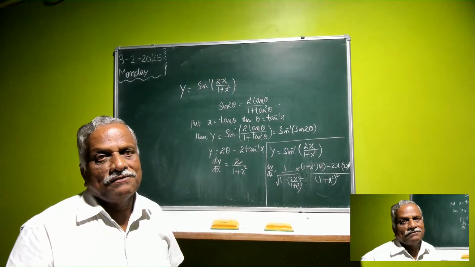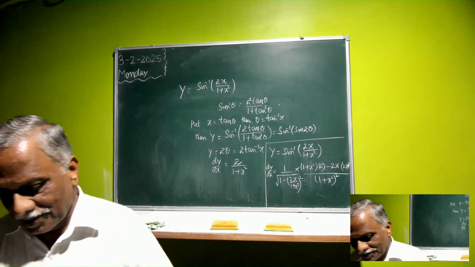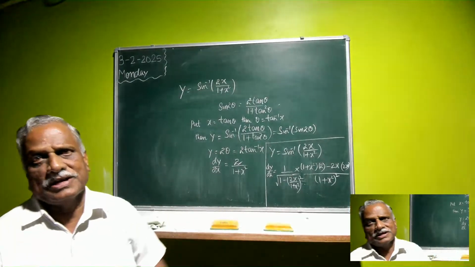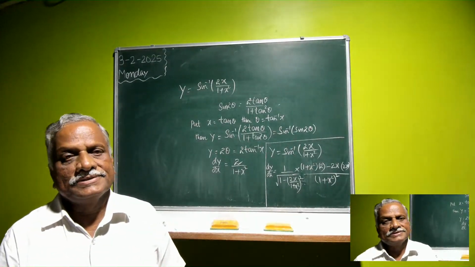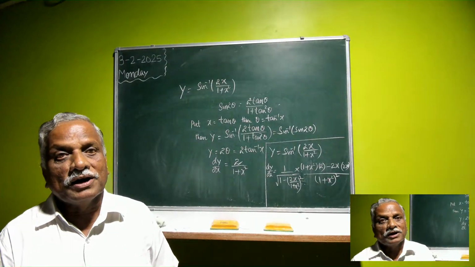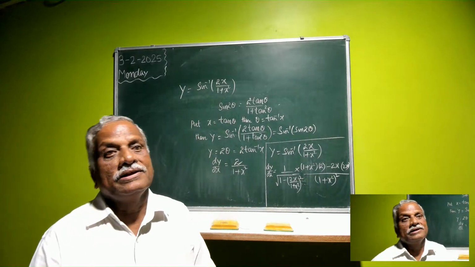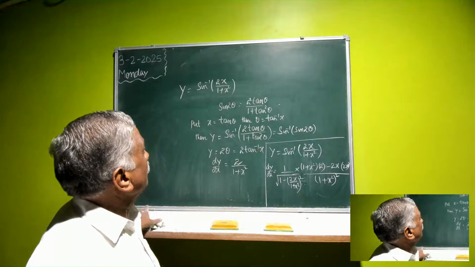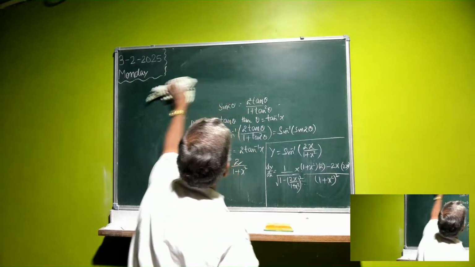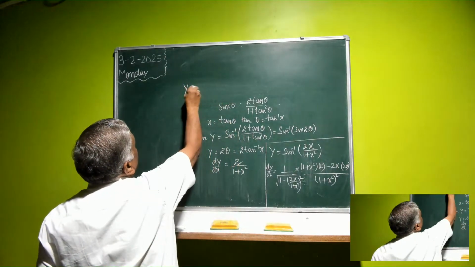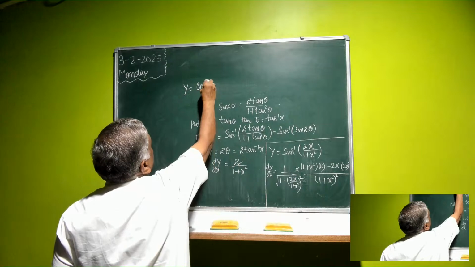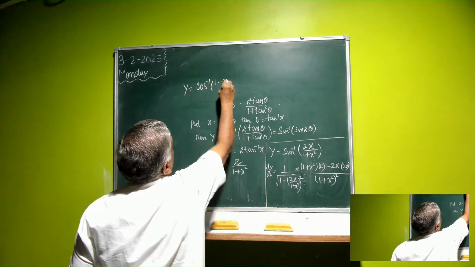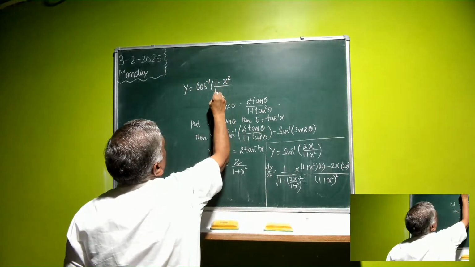So whenever you have difficulty in recalling, here is one more problem of this type. Supposing you are not good in trigonometry and not able to recall the formula, at least you can get 1 mark. So one more problem. y is equal to cos inverse of 1 minus x square over 1 plus x square.